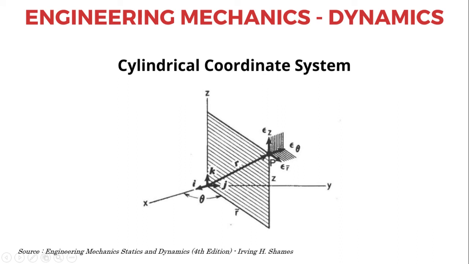So looking at the figure again, you can see that there is a radial distance r dash, an angular position given by theta, and altitude given by z. We can also develop the relations between the Cartesian and cylindrical coordinate system in this corresponding representation.